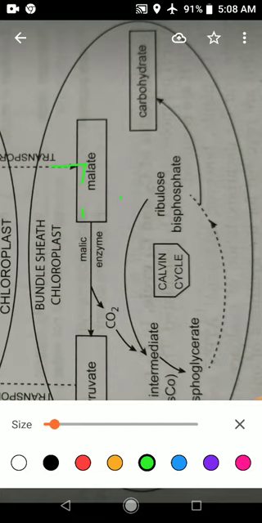So here malate is converted into pyruvate. So this is the pyruvate and carbon dioxide.